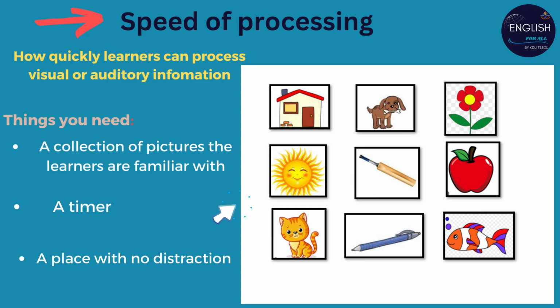Then, we can give about 10 to 30 pictures and ask learners to name them. During the activity, we need to measure the duration each learner takes and compare it with other students in the classroom. Those who are dyslexic will take more time than the other learners. So here we need a comparison.